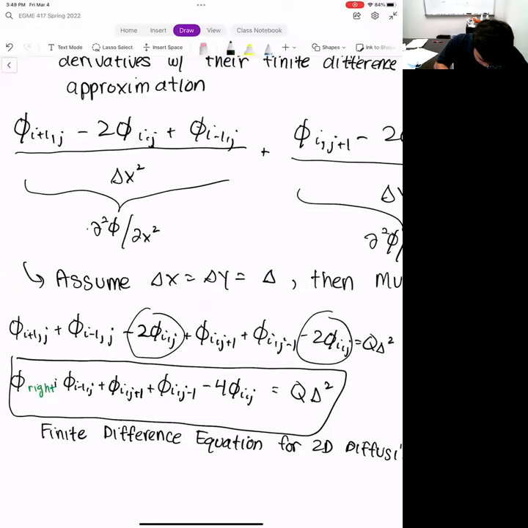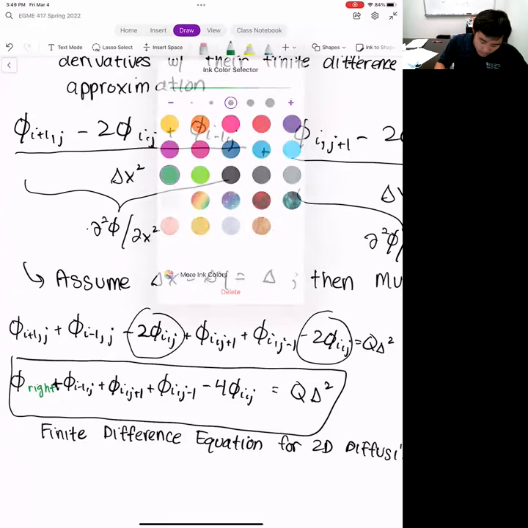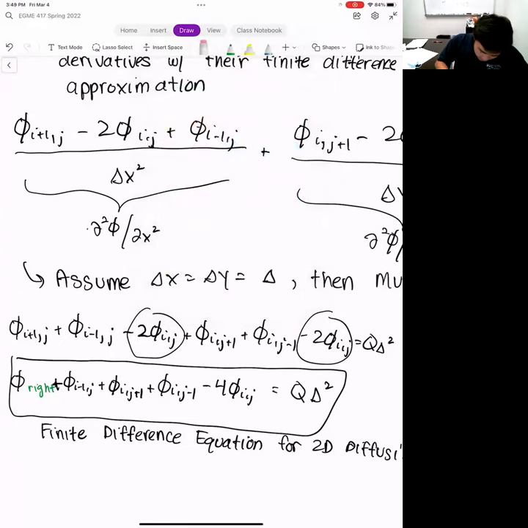Same thing for i-1,j. I-1 means we're one to the left of our chosen node, and so this will be phi left.